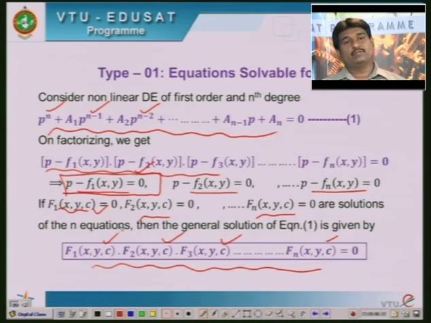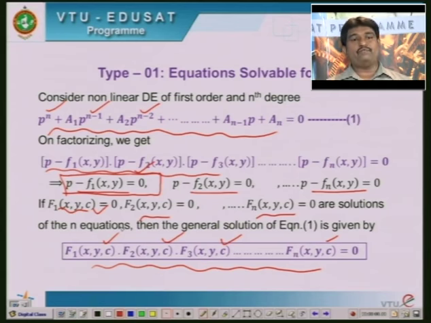So the rule is, this equation, first order and nth degree, is said to be solvable for p if you can solve it for p, if you can factorize it, and you get equations of the form p minus f1 of x,y equal to 0, p minus f2 of x,y equal to 0 and so on.